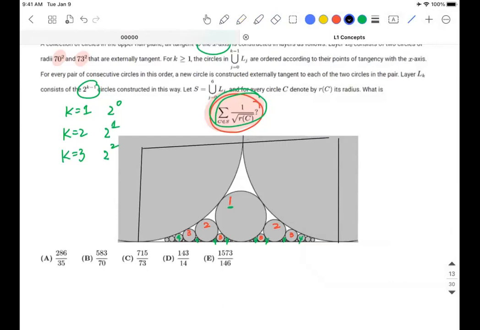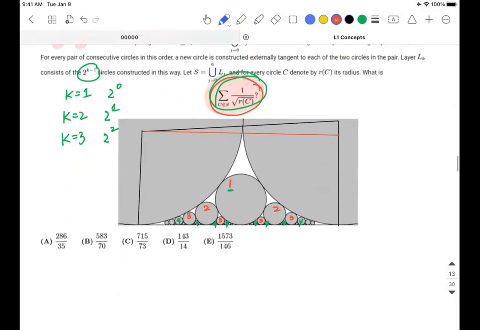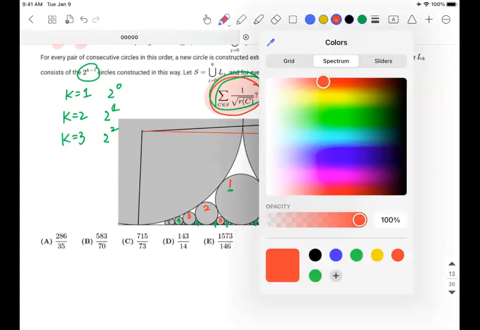I'm going to connect them together. Like I said, these will be collinear with the tangent point. Then I'm going to make a perpendicular line in order to construct this little triangle. This is exactly what we mentioned. Nothing too complicated.